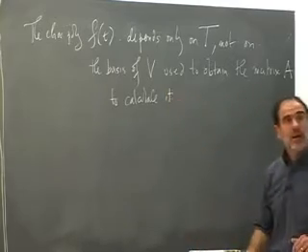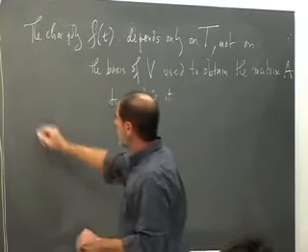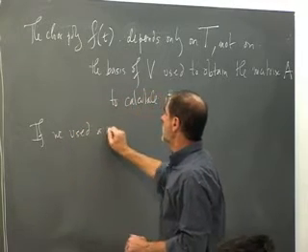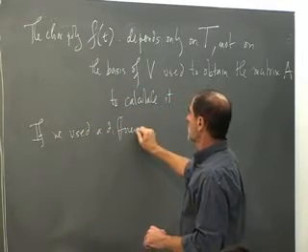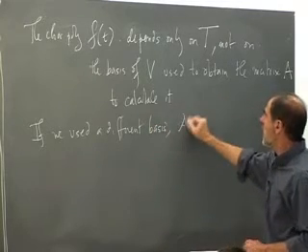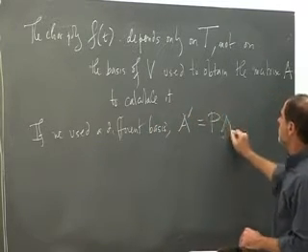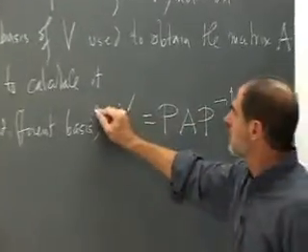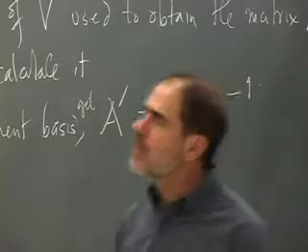And that's encouraging. And the reason is this. If we used a different basis, then we get the matrix A prime, which is a conjugate of A. So let's calculate what we get with A prime.